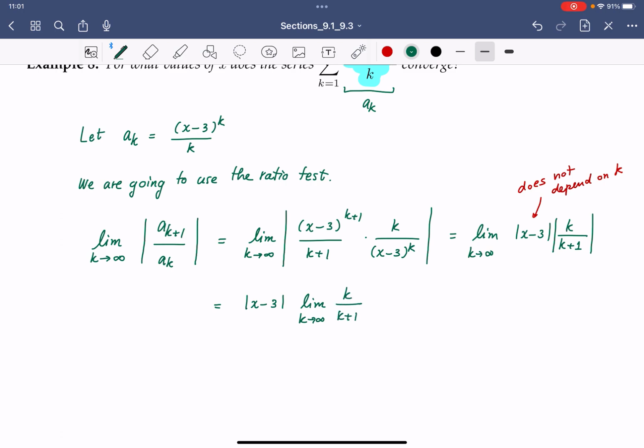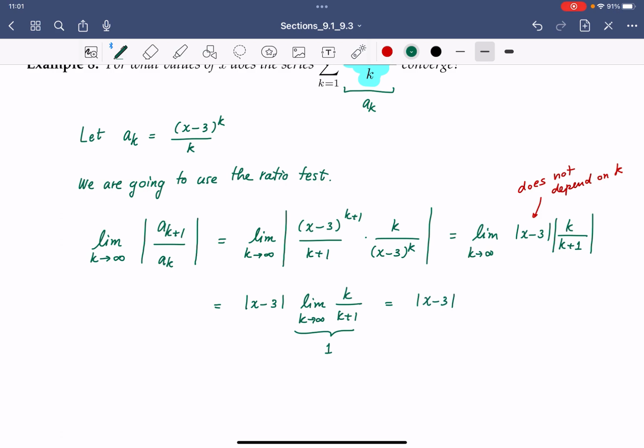Because k is positive, we can take the absolute value out. And then this is going to be just 1, because we know that the limit of k over k plus 1 as k goes to infinity is 1. This is the basic one: it is actually 1 over 1 plus 1 over k, so it's actually 1. This is actually x minus 3.